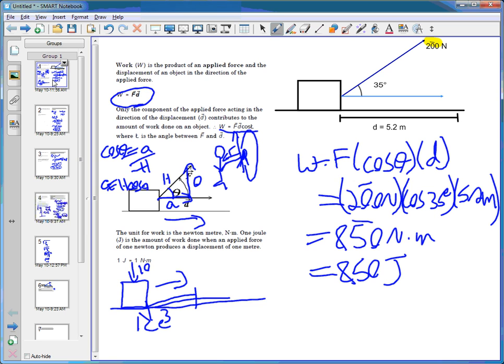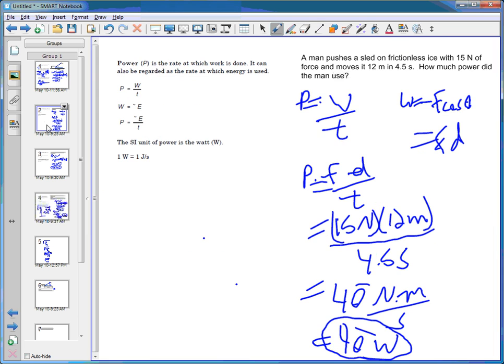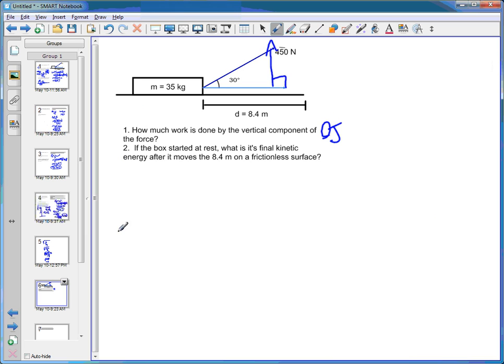Well, if work is equal to energy, and they're interchangeable, and they want to know what its final kinetic energy is, because it's on a frictionless surface, there's no heat energy created. Therefore, all the energy is turned into kinetic energy. In other words, the amount of work done on the object is equal to its final kinetic energy.